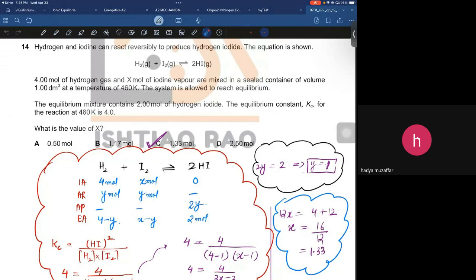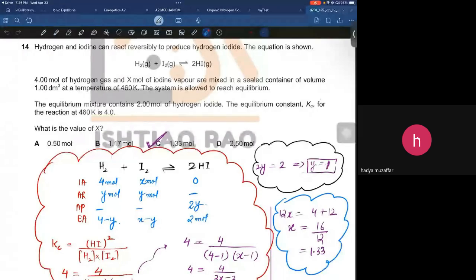The system is allowed to reach equilibrium. The equilibrium mixture contains 2 mole of hydrogen iodide. The equilibrium constant Kc for the reaction at 460 Kelvin is 4.0. What is the value of X?